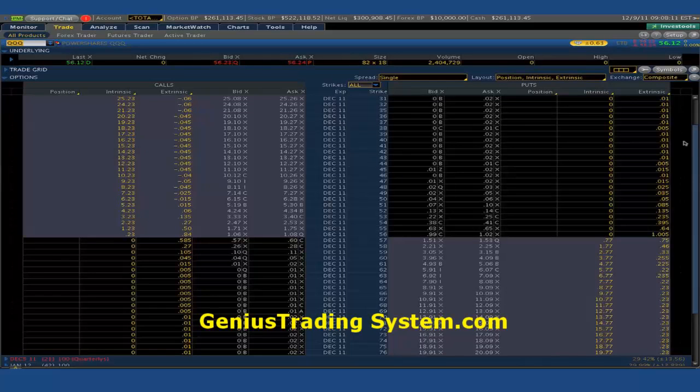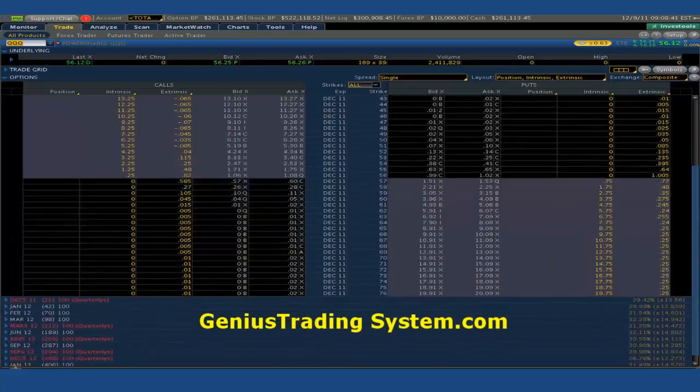On the screen in front of you, there's what's called an option chain. That means that there are various different options available for one particular instrument. In this case, it's the PowerShares QQQs, which is an ETF. Now, it starts out with a strike price of 31, and it goes all the way up to a strike price of 76.